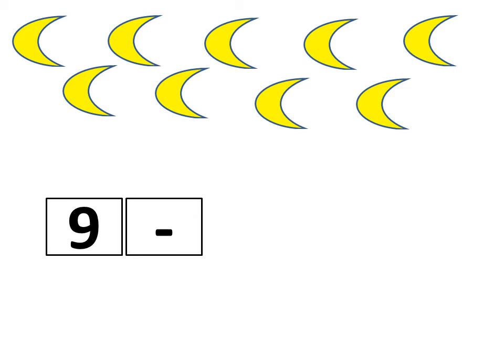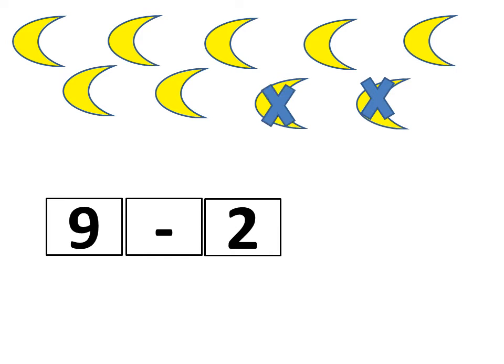Look at the picture and count the moons. We have 9 moons and we are going to remove or take away 2 moons. Let's count. 1, 2.